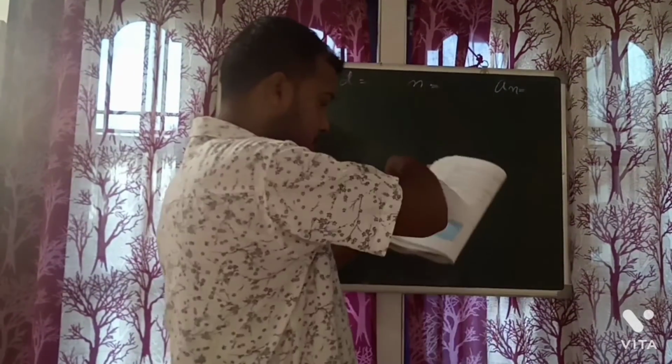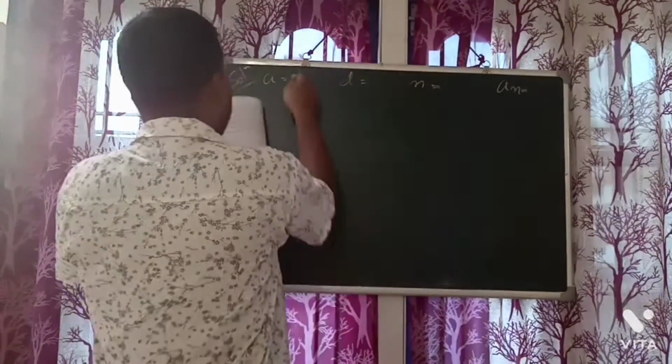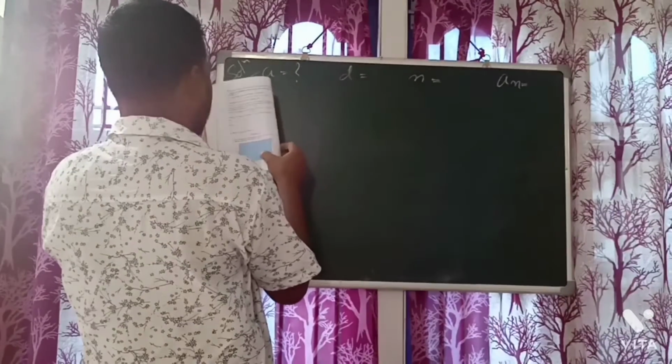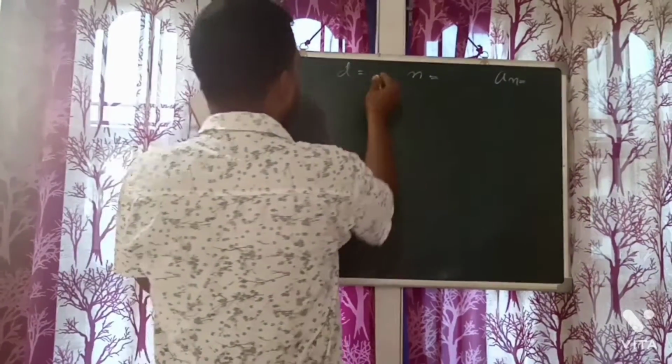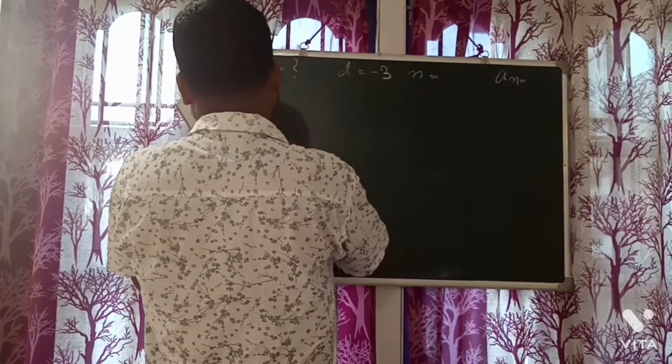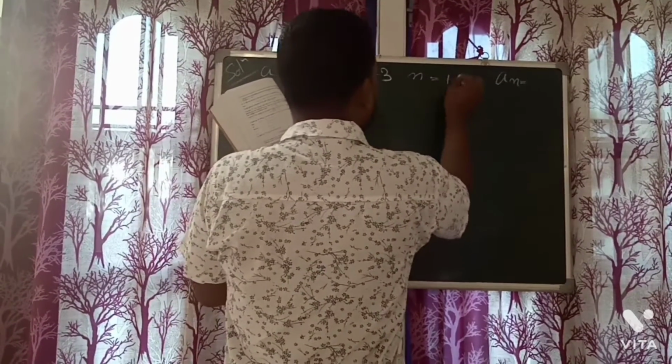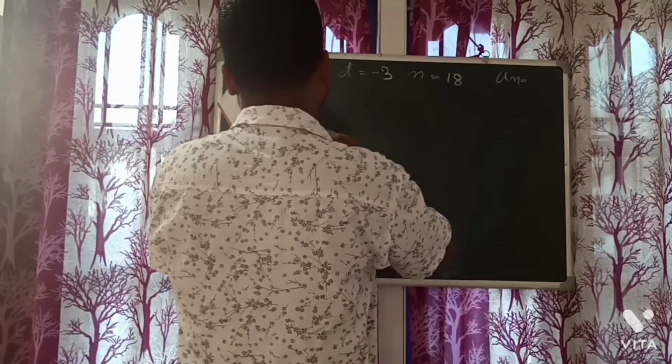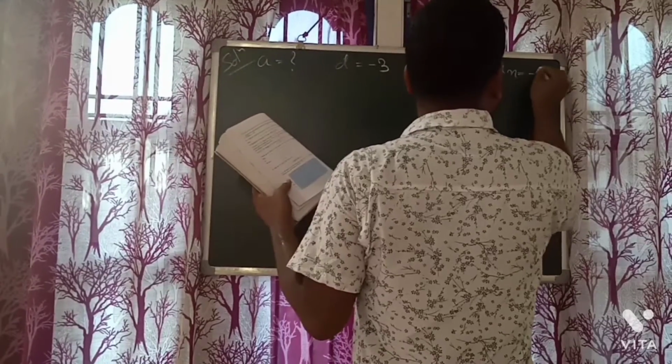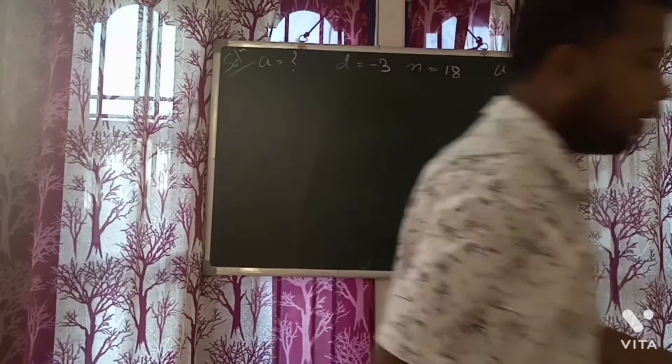See question number 3. A is not given, A is a question mark, then D is minus 3, n is 18, An is equal to minus 5.